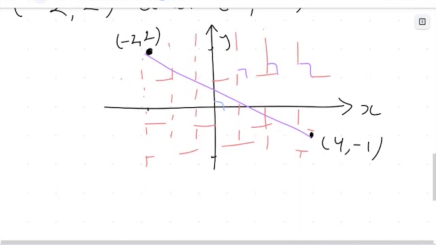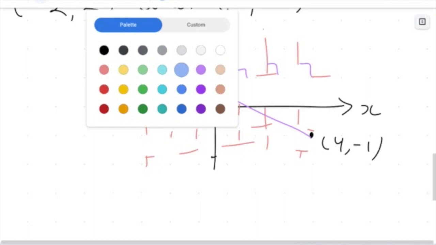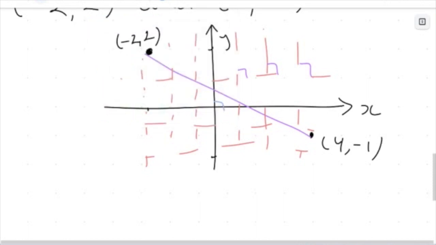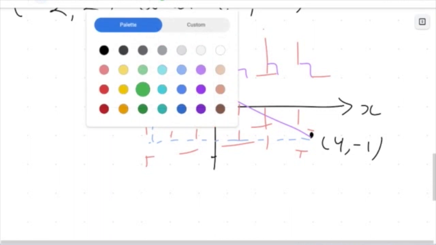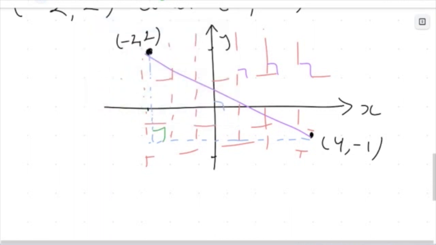So what if I were to construct an imaginary line here and an imaginary line here? And these two, at this point, what angle are they going to meet at? Well, they're always going to meet at a 90-degree angle, like so.